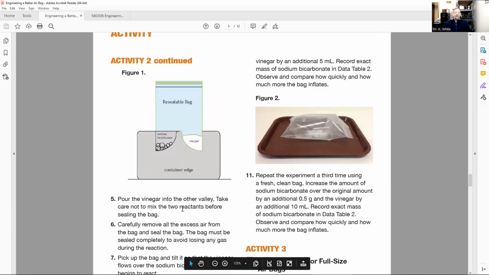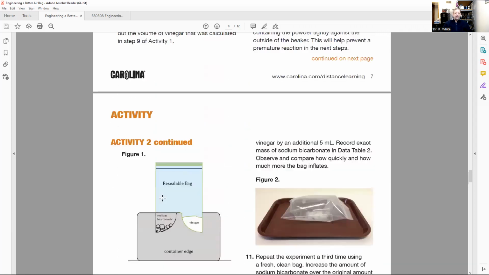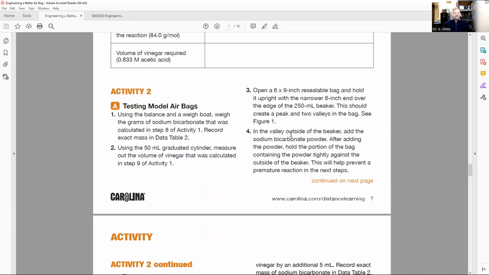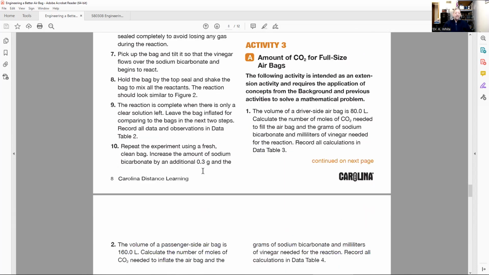Now, for the next step, number 10, you'll repeat steps 1 through 9, except for the amount of sodium bicarbonate you weighed out in step 1, you'll add an additional 0.3 grams.